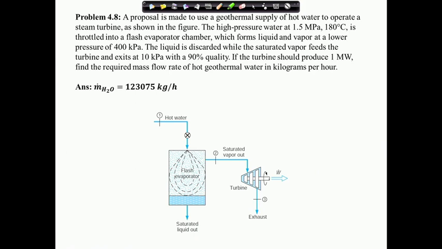The high pressure water at 1.5 MPa, 180 degree centigrade, that is state 1 here, is throttled into a flash evaporator chamber which forms liquid and vapor at a lower pressure of 400 kPa. The liquid is discarded, that is the saturated liquid comes out of the evaporator, and the saturated vapor feeds the turbine and exits at 10 kPa with 90% quality. The turbine should produce 1 megawatt. Find the required mass flow rate of hot geothermal water in kg per hour.